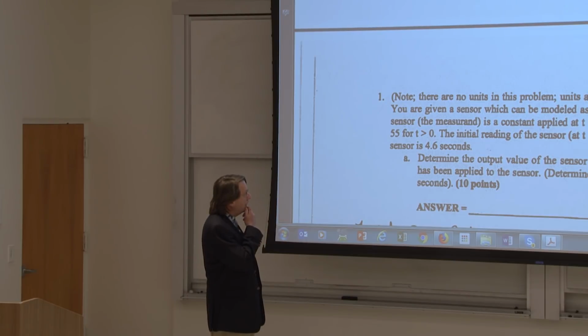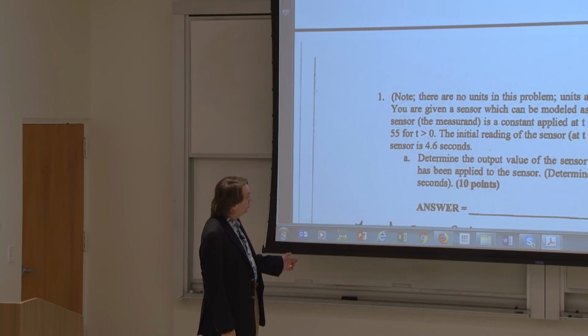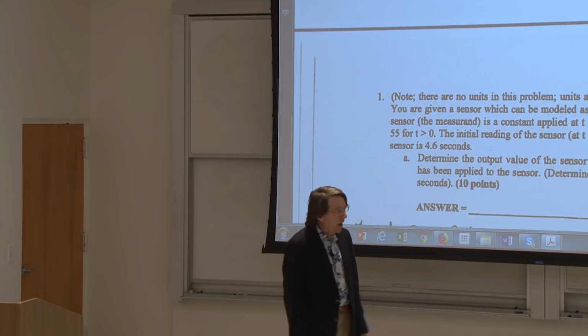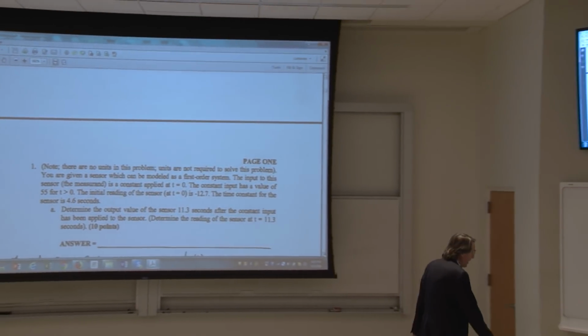Now, the initial reading of the sensor is minus 12.7. The time constant is given. Determine the value of the sensor 11.3 seconds after the constant input has been applied. Now, I'm hoping you're looking at this saying, oh, I got this. This is not going to be bad.